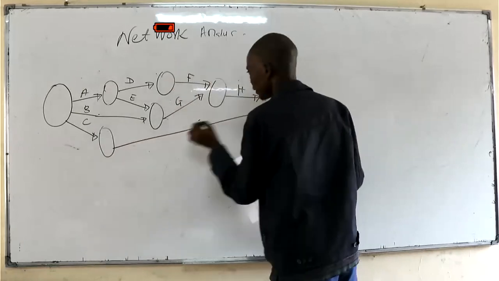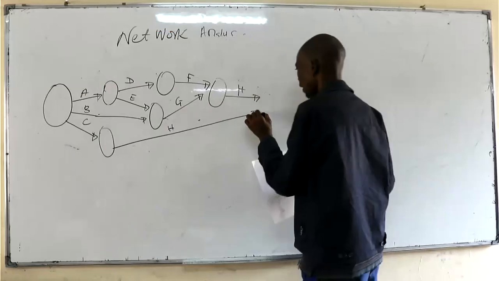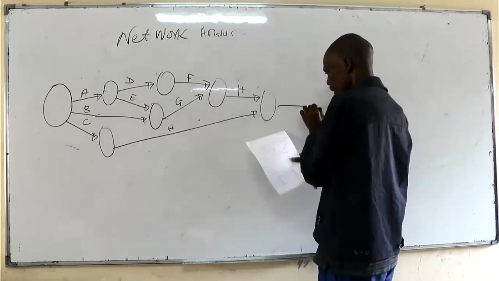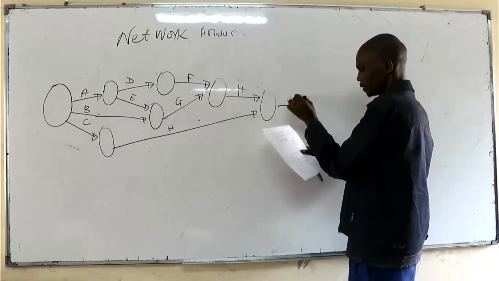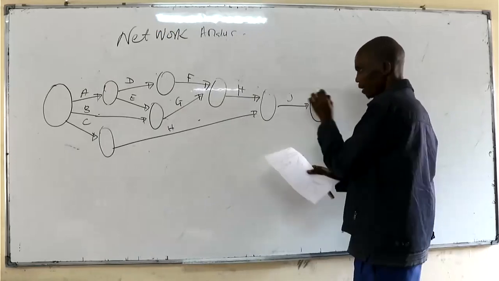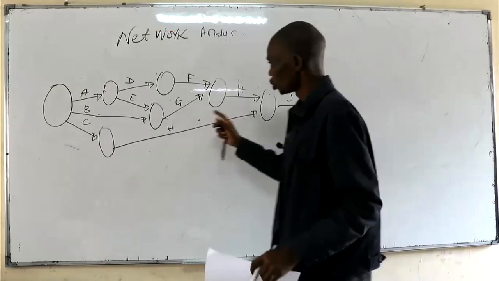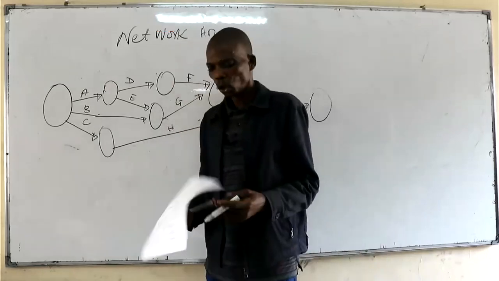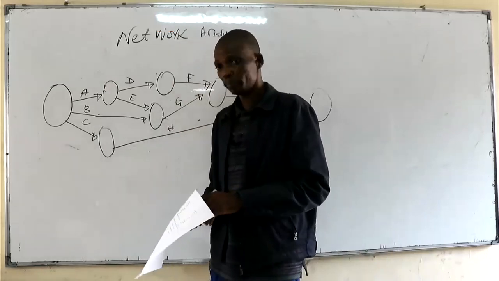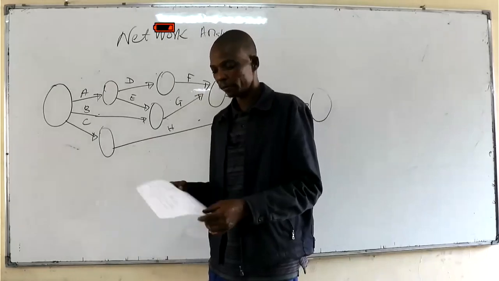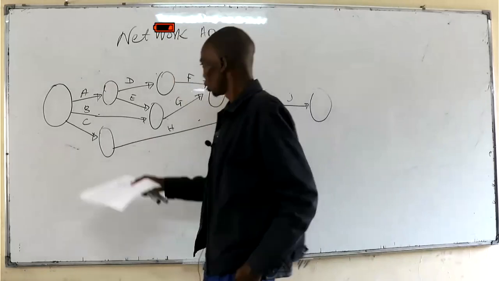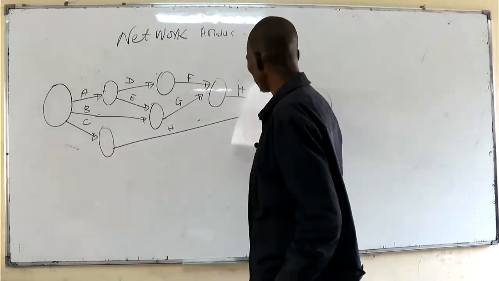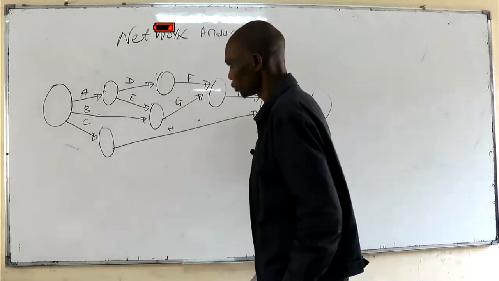This is I and ending there, for us to start J. So J is there, and this is the end of the network. So you can see we are simply, step by step, using the information provided to draw our network. Based on the information that we've been provided, this is how the network should be drawn.